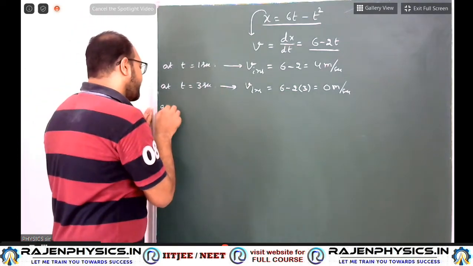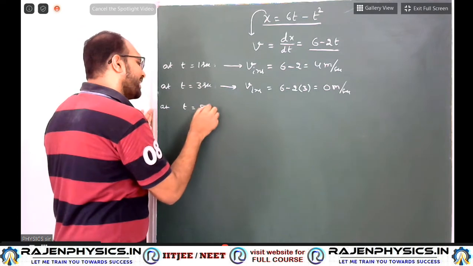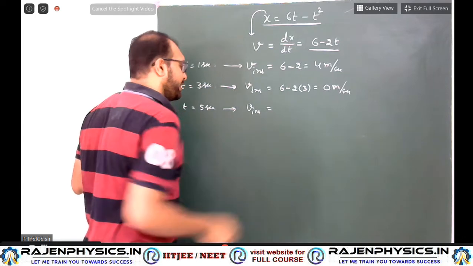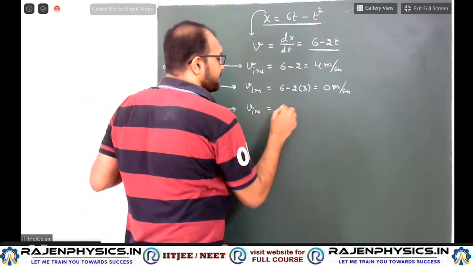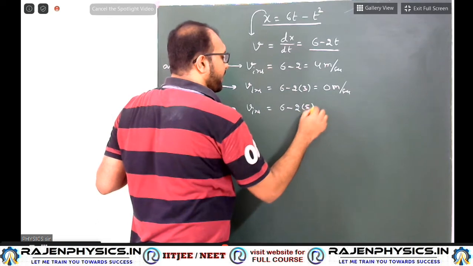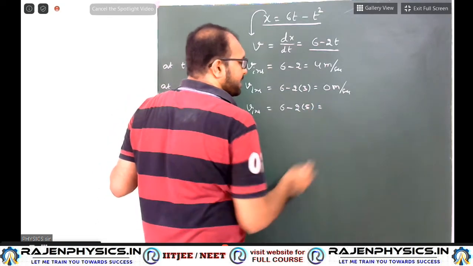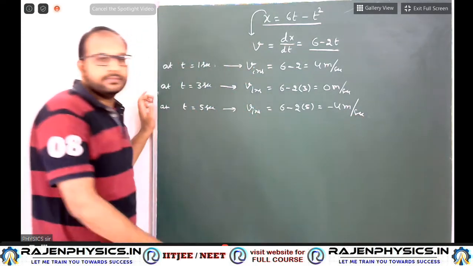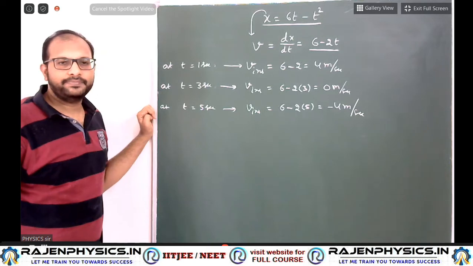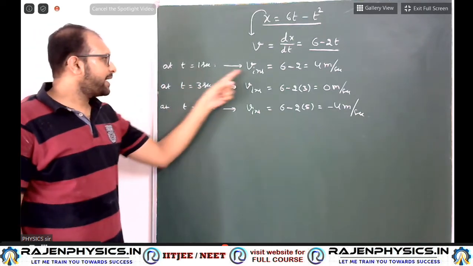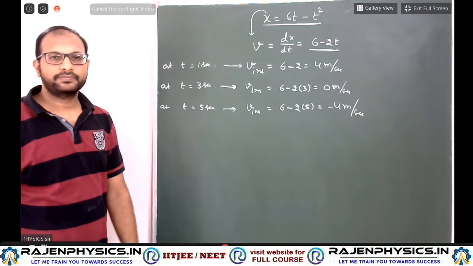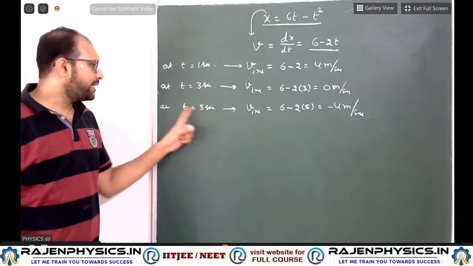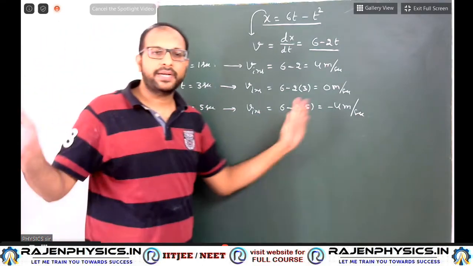Suppose at t equal to 5 seconds, the instantaneous velocity is 6 minus 2 into 5, that is 6 minus 10, so minus 4 meter per second. Students, clearly observe here. At t equal to 1 second, velocity is positive. At t equal to 3 seconds, velocity is 0. At t equal to 5 seconds, velocity is negative.